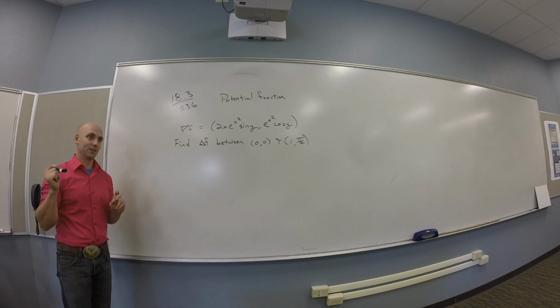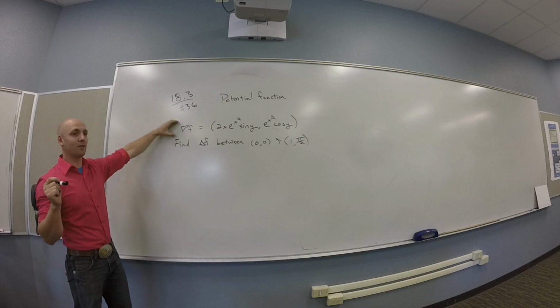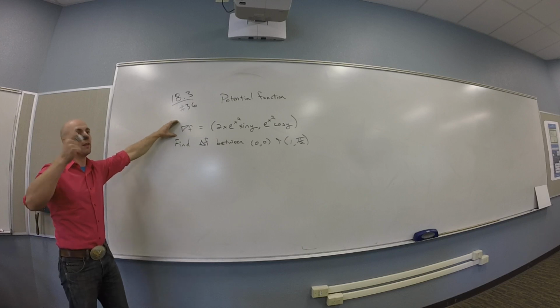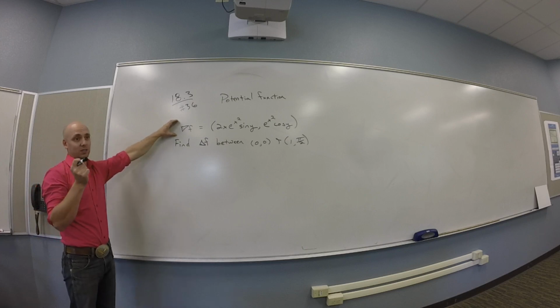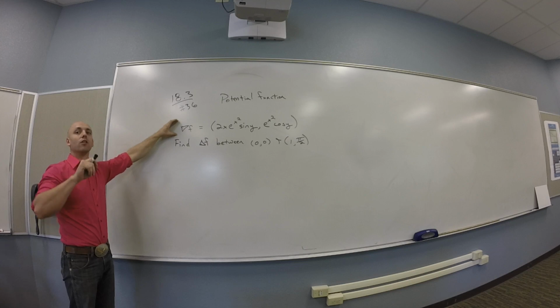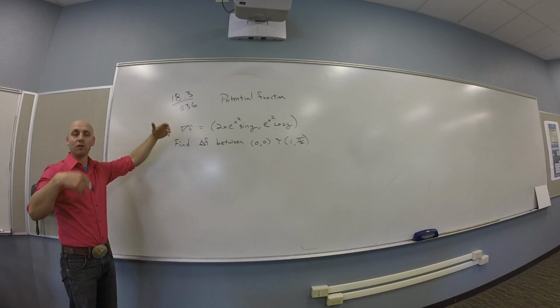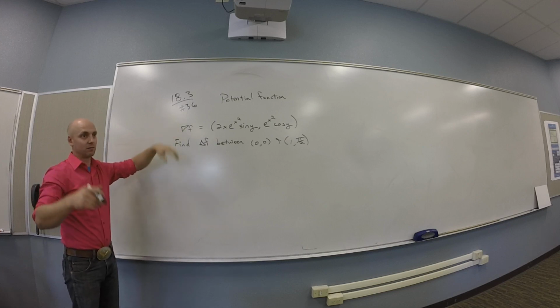If you have a vector field, it is possible that it is the gradient of something. The function it's the gradient of is called the potential function. That really is kind of playing the role of an antiderivative, right?